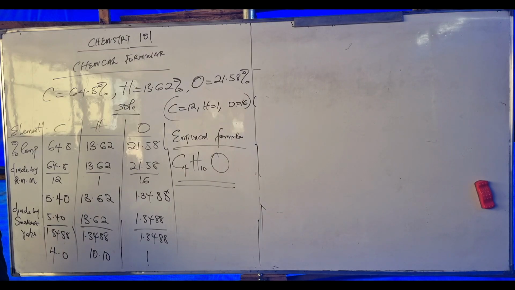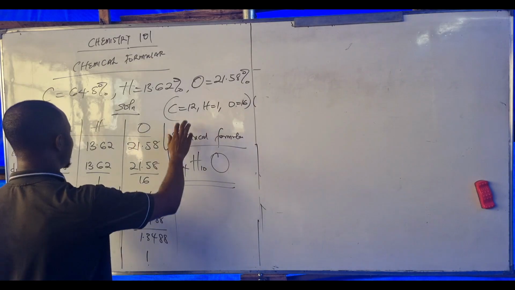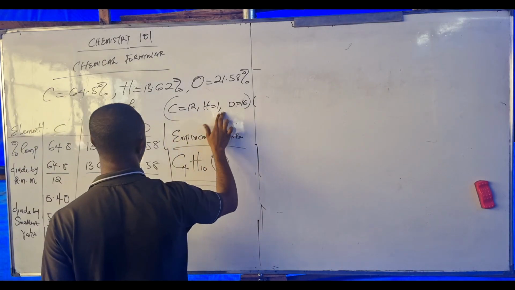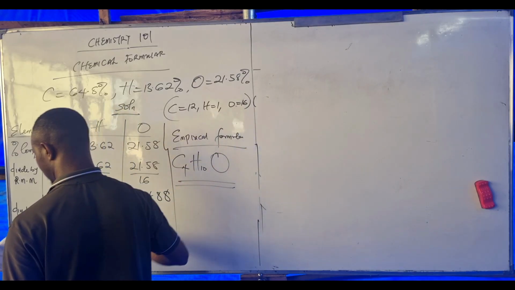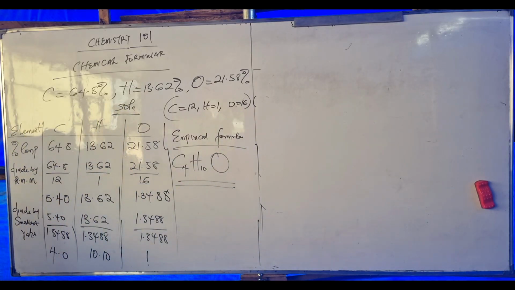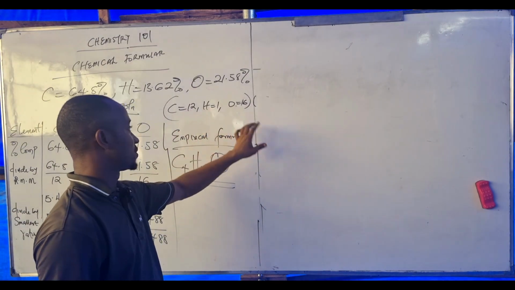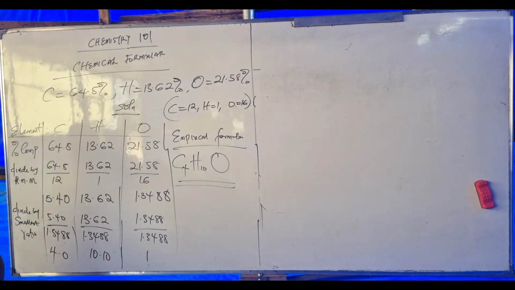What is its empirical formula? In bracket, we are told that carbon is 12, hydrogen is 1, and oxygen is 16. We are given their molar mass. Can you solve this for me?